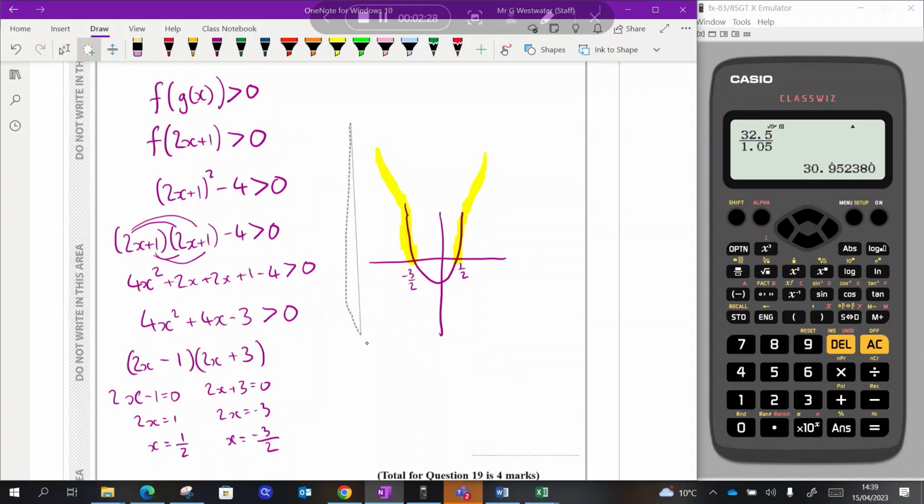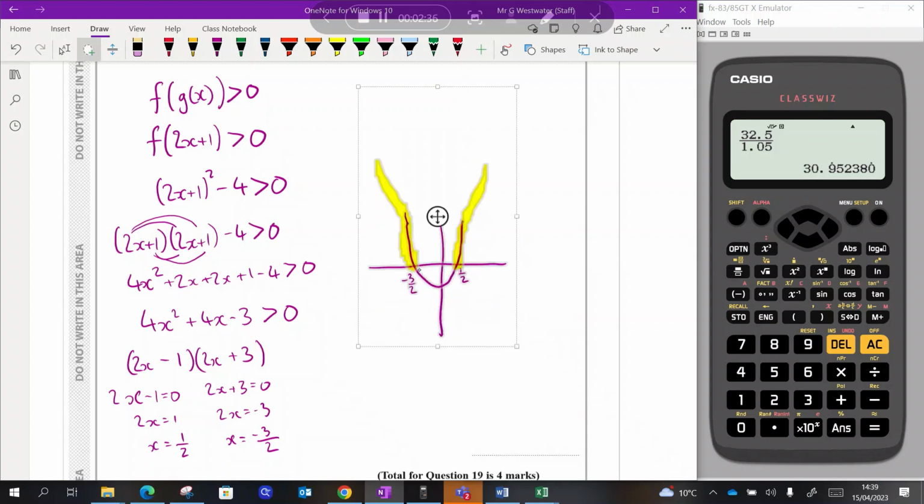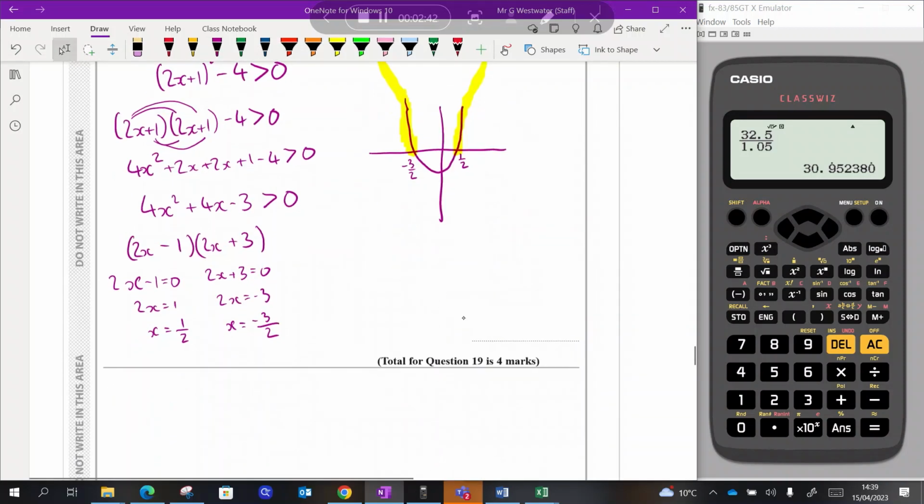And if we think about this squashed down a little bit, that's everything on the outside. So anything to the left of minus 3 over 2 or lower than minus 3 over 2. So x is less than minus 3 over 2, or x is greater than a half. Okay.